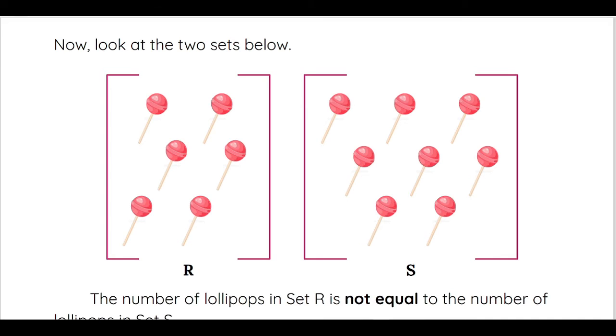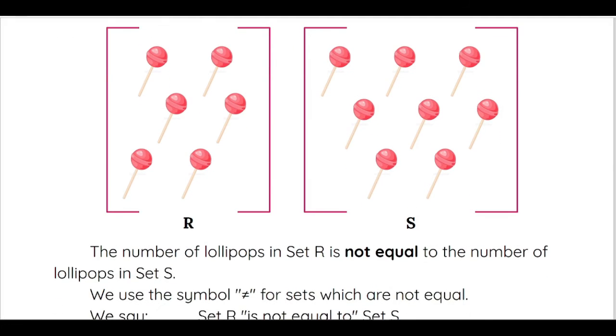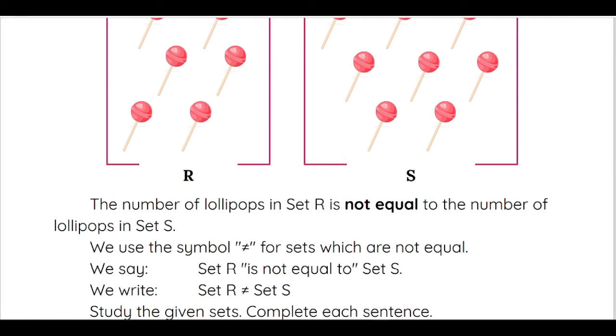Now, look at the 2 sets below. We have here set R and set S. First, let's count. We have 1, 2, 3, 4, 5, and 6 on your set R. And on your set S, you have 3, 6, and then 7, 8 for your set S. The number of lollipops in set R is not equal to the number of lollipops in set S because they have different numbers.